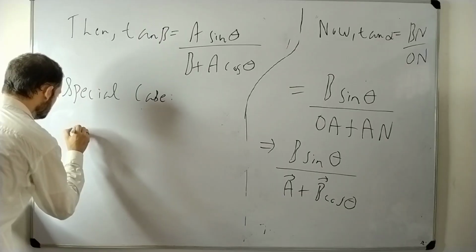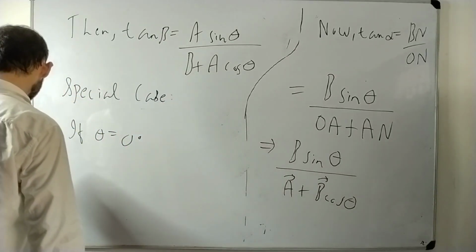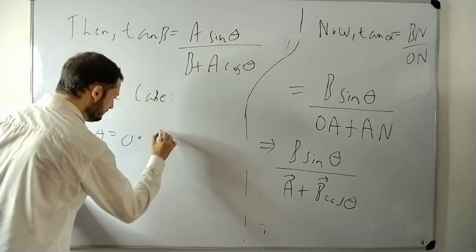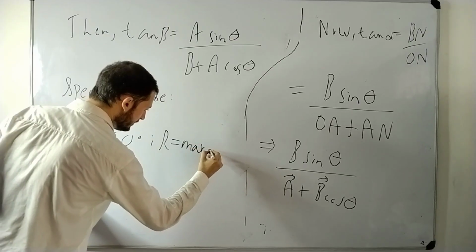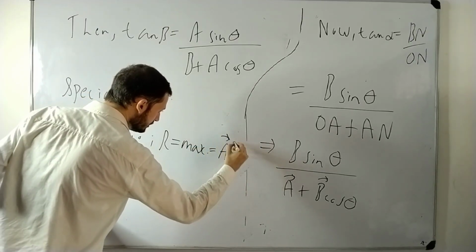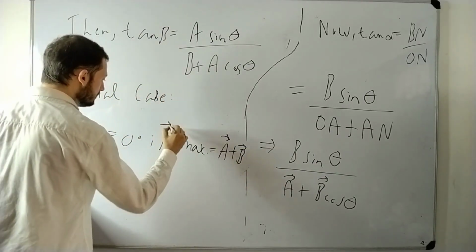If theta happens to be 0 degree, R is what, students? R is the maximum value, and it should be A plus B. This is the thing possible.